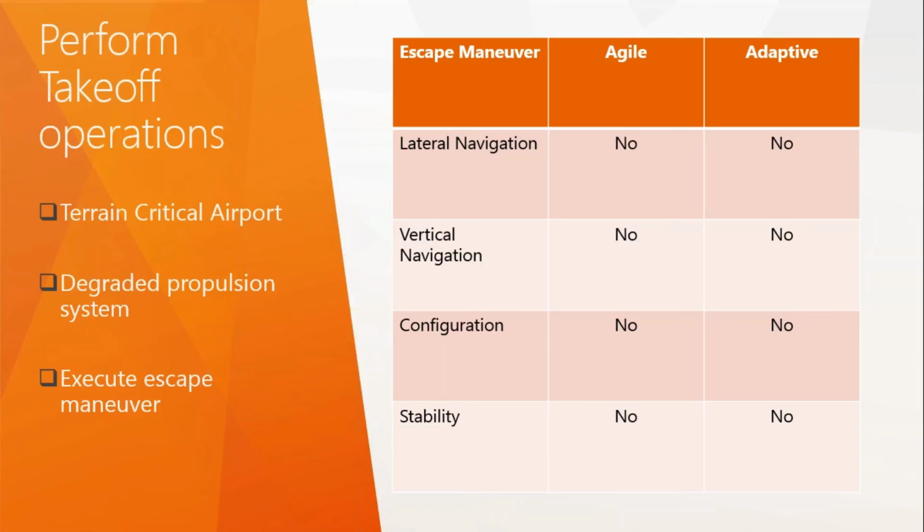In other words, were there performance optimization aspects and attributes that were part and parcel of the system? And the answer was no, they weren't agile and they weren't adaptive, and we had to figure out ways to make them so.